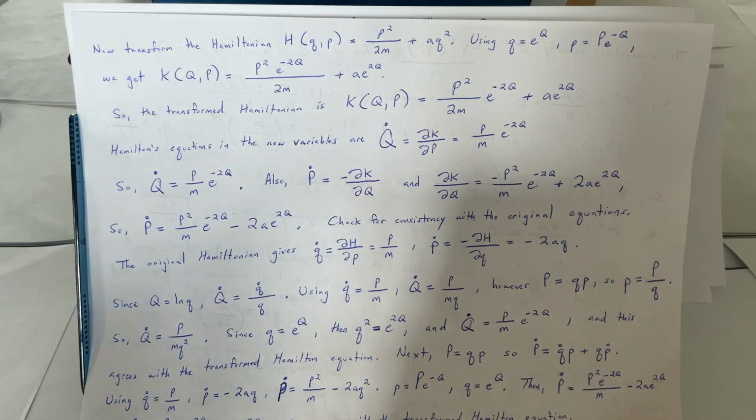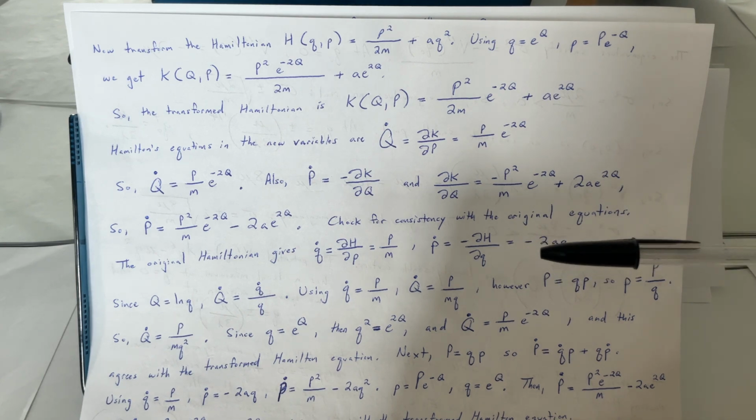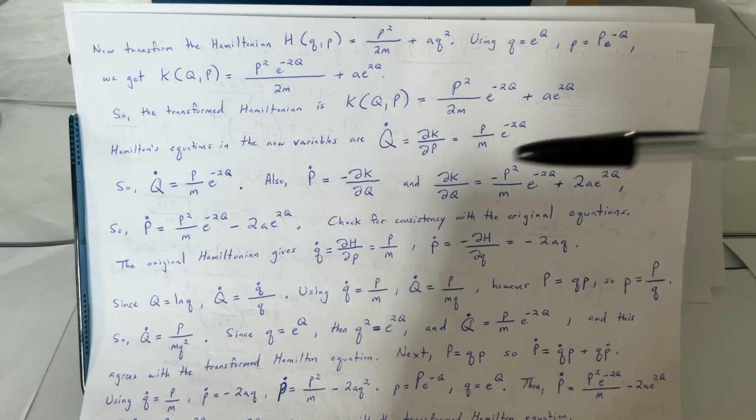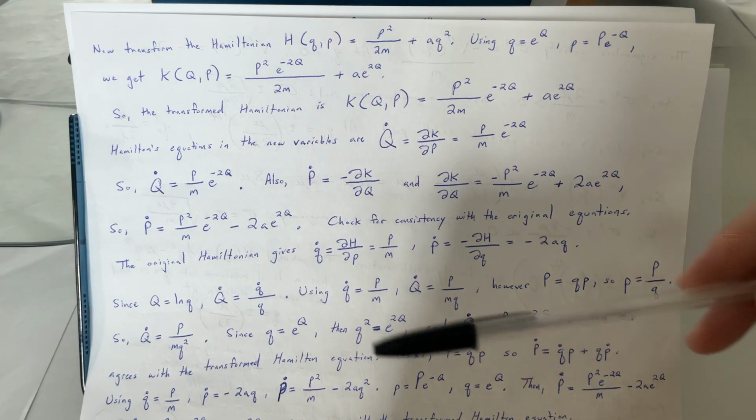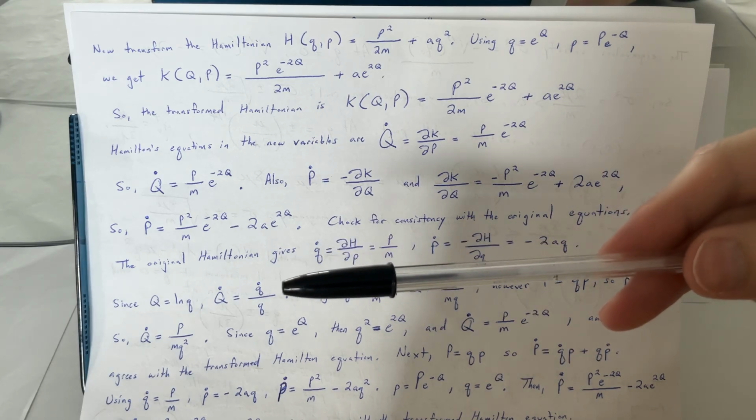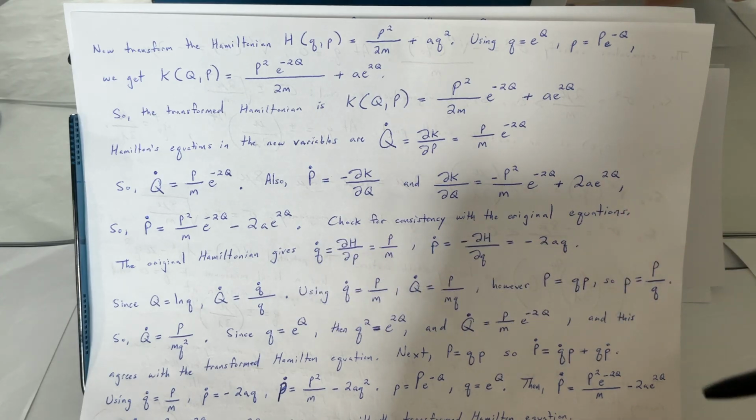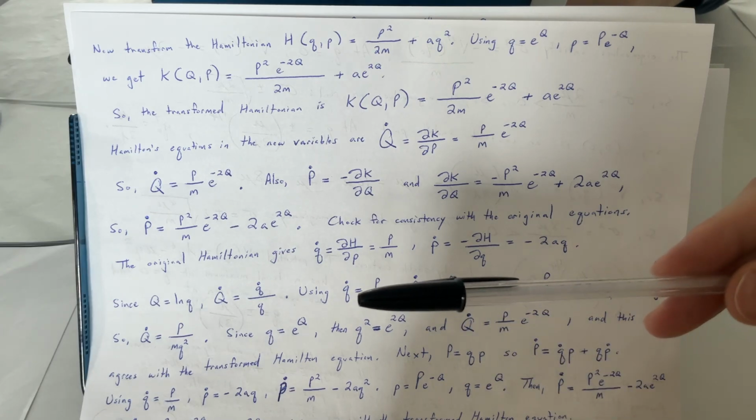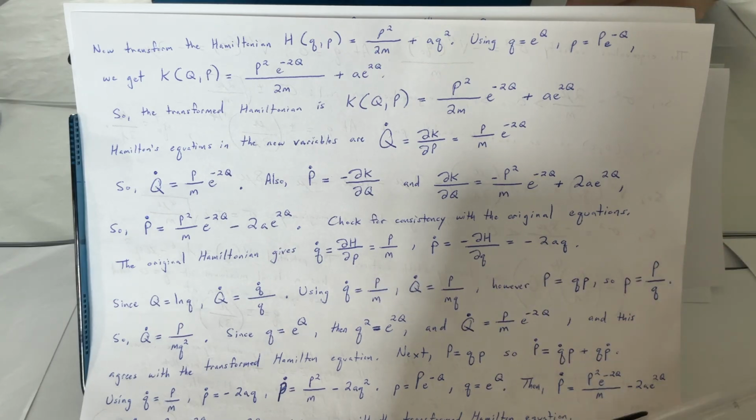So the original Hamiltonian gives q dot equals the partial of H with respect to p, which equals p over m, and p dot equals negative partial derivative of H with respect to q, which equals negative 2Aq. Since capital Q is ln of lowercase q, Q dot equals q dot over q. Using q dot equals p over m, Q dot equals p over mq.